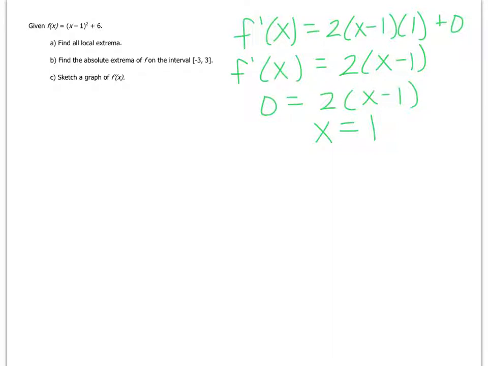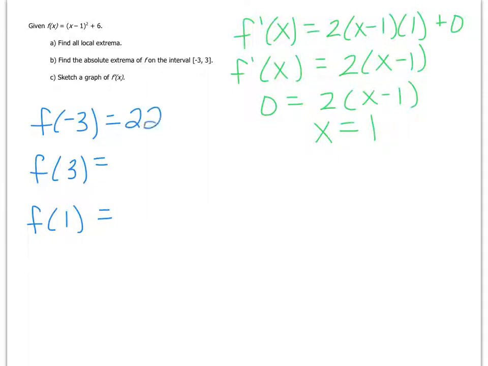So now the values I need to find to know if I have absolute or local max and mins is I need to find f of -3, I need to find f of +3, and I need to find f of 1. Okay, so when I plug in my -3, I end up getting out a 22. When I plug in +3, I'm going to get a 10. When I plug in my +1, I get a 6.